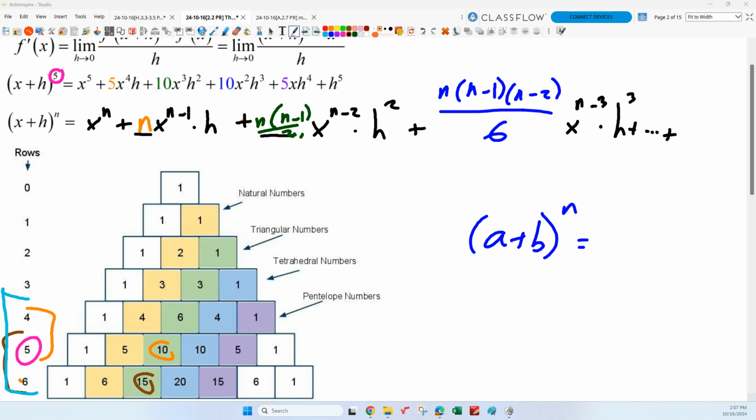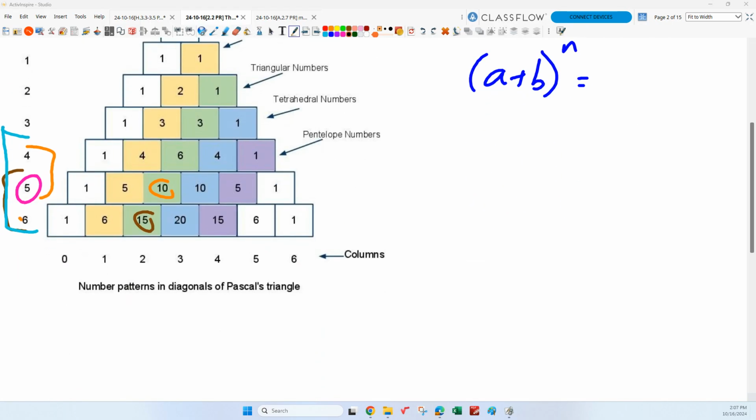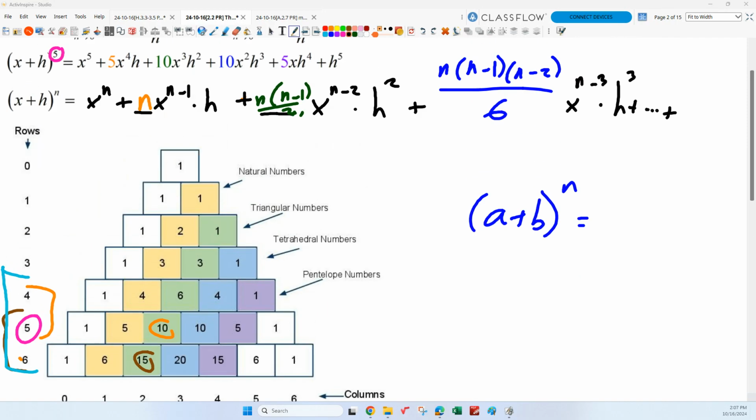Let's focus on the last two. What would the second to last term, the coefficient, be? And keep in mind, Pascal's triangle is symmetrical down the middle, right? So whatever we got, you already know what it's going to be.